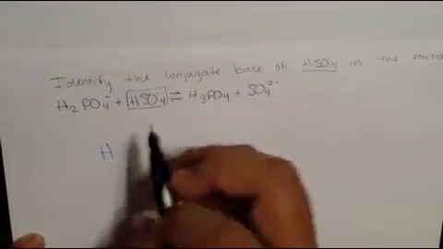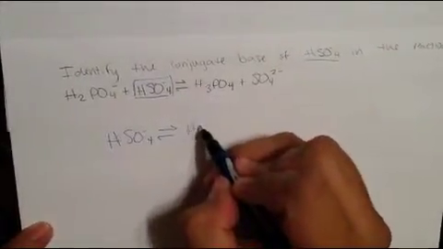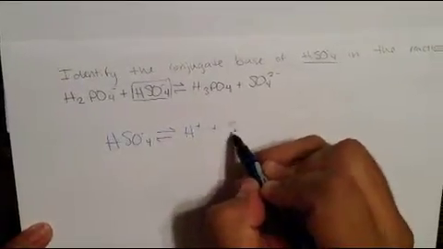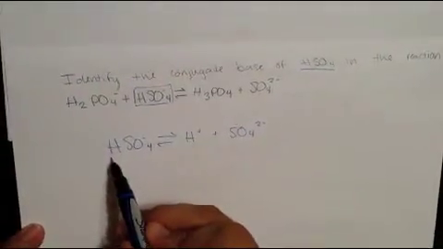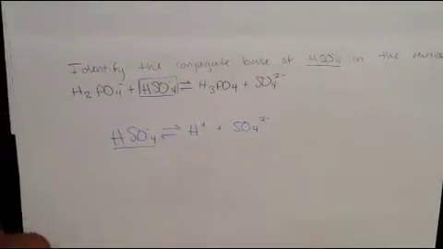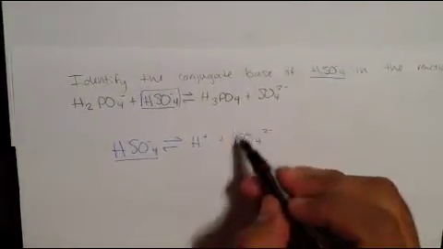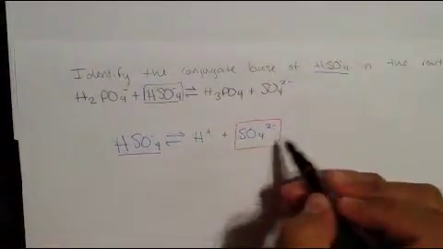So all we gotta do is pull it out of the equation and dissociate it by itself. So if this is your acid, you know that this is going to be your conjugate base.